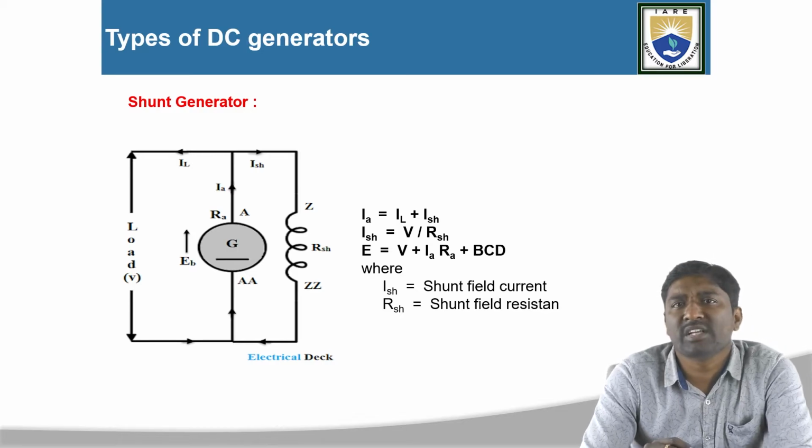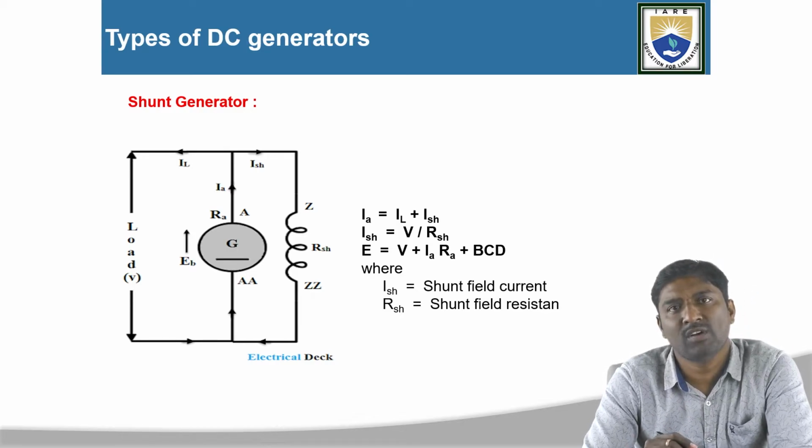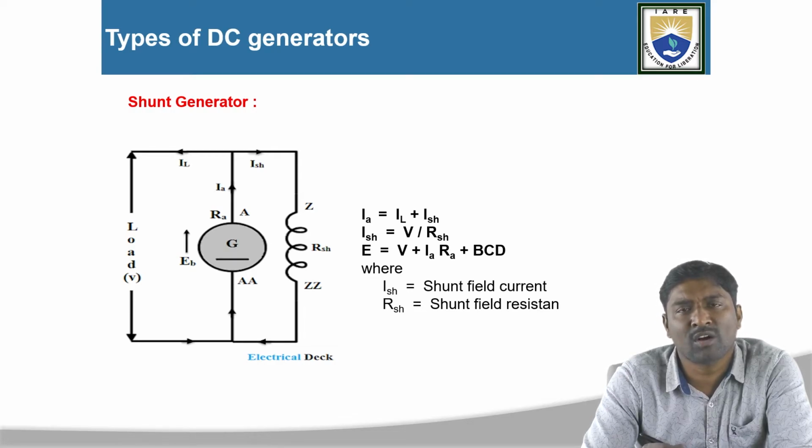In the case of the self-excited DC generator, we are not using any autonomous source, because the induced EMF will be developed in the generator due to residual magnetism. That's why we are not using any separate source here. That's why this is called a self-excited DC generator.